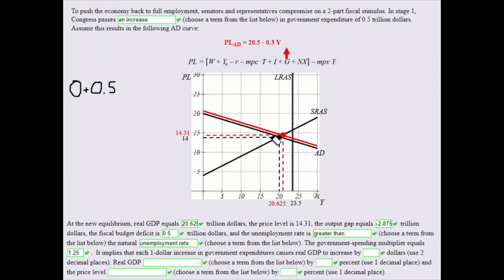And the reason why is because we're allowing prices to be flexible and rise along the short-run aggregate supply curve as prices are being bid up by higher overall aggregate demand. So it dampens the increase in GDP, and it lowers the value of the government spending multiplier.